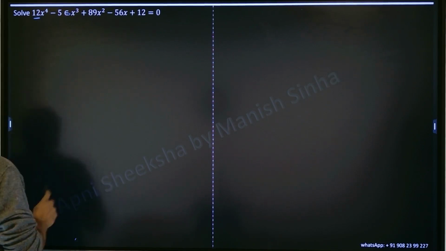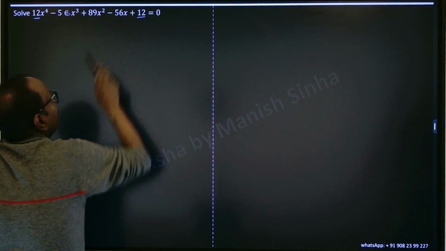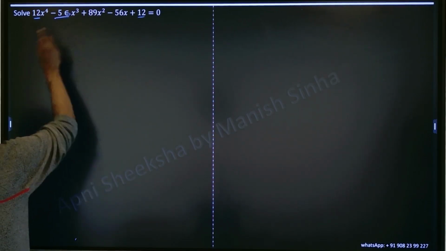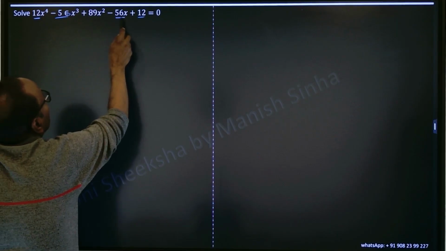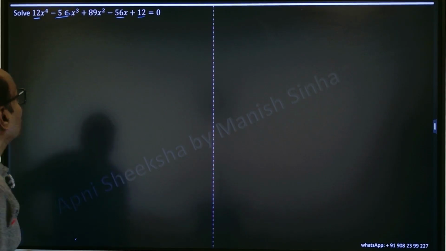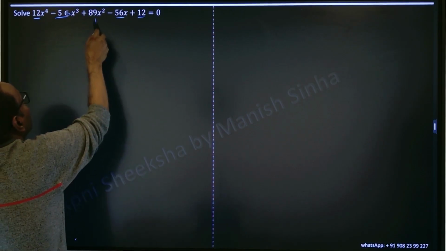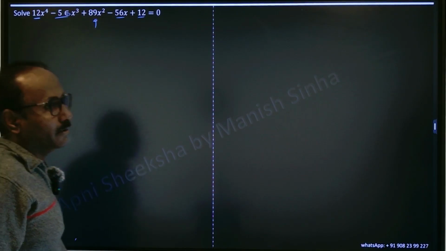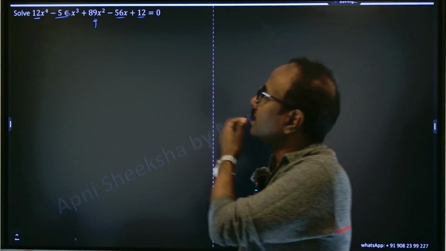The coefficient in the first term and the last term is the same, and the second term and second last are the same. So in such an equation, you can pick up the middle term and whatever the variable power is there, x square, you divide the entire thing by x square.